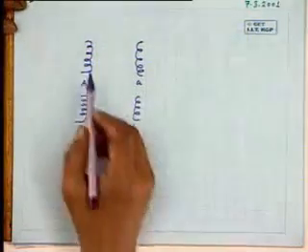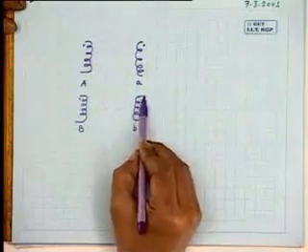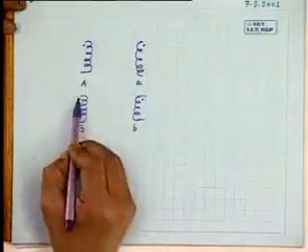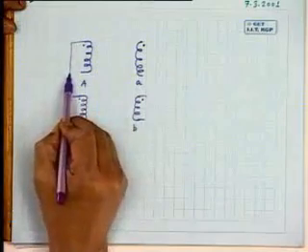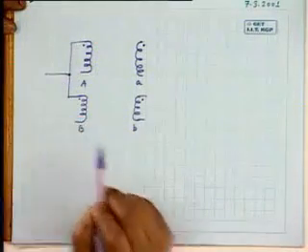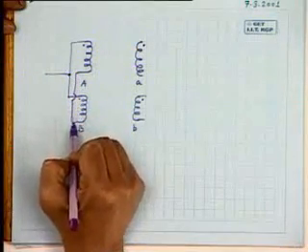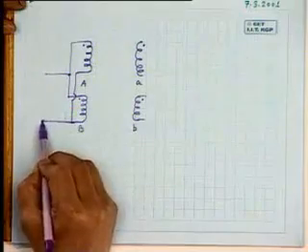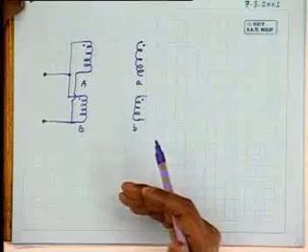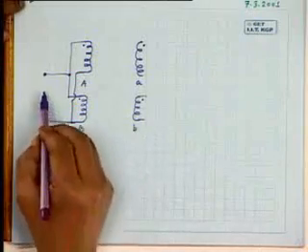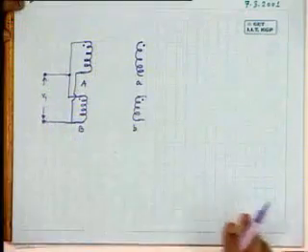Suppose these are the dot conventions, these are the dots. What you do, you connect the primaries in parallel, that is these two you join, and this common terminal will go to the supply. Similarly, the other two points should be shorted and go to the supply. This is how the primary is energized. That is, two primaries are connected in parallel and energized from the rated voltage at rated frequency supply.